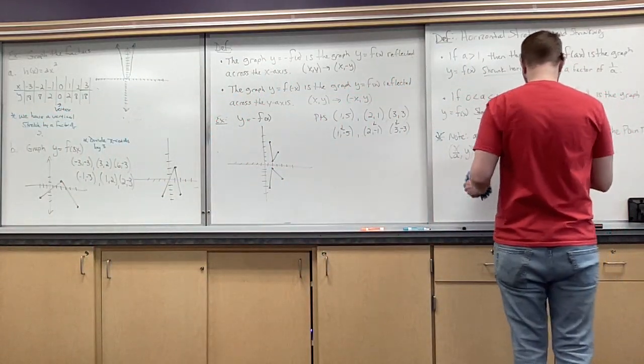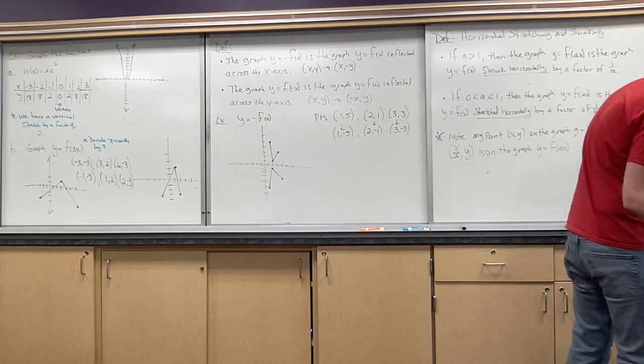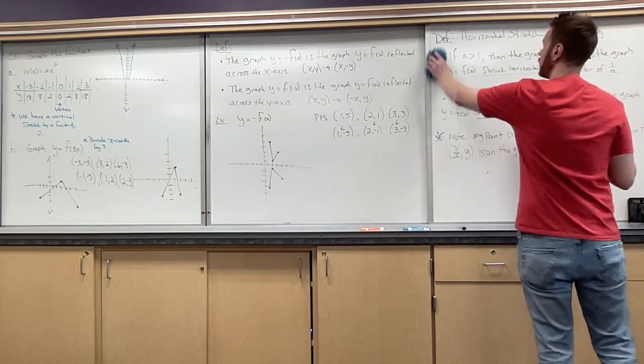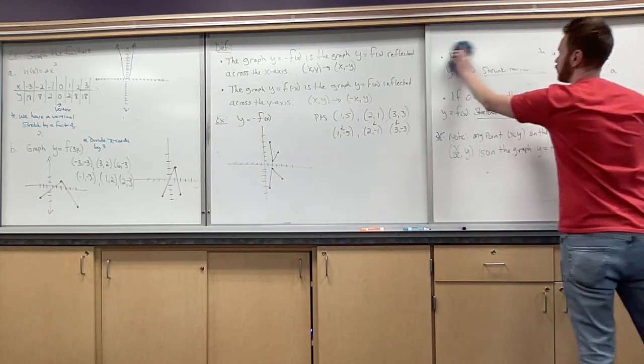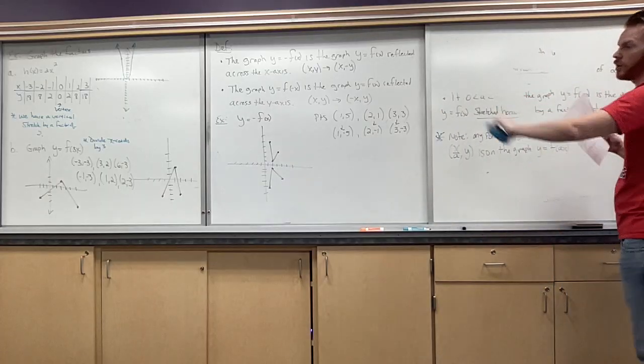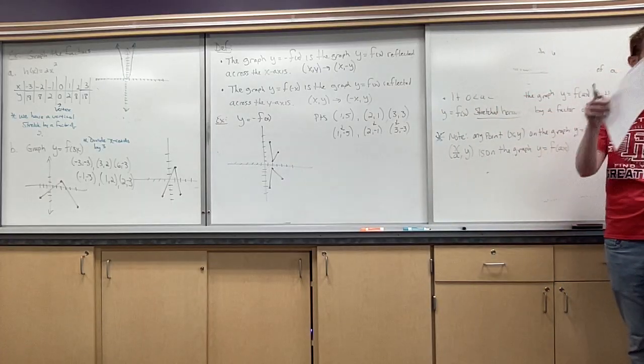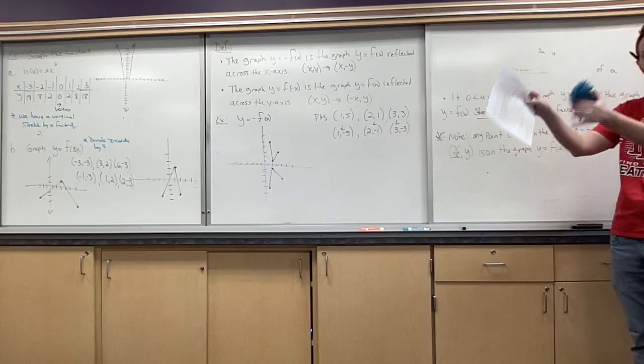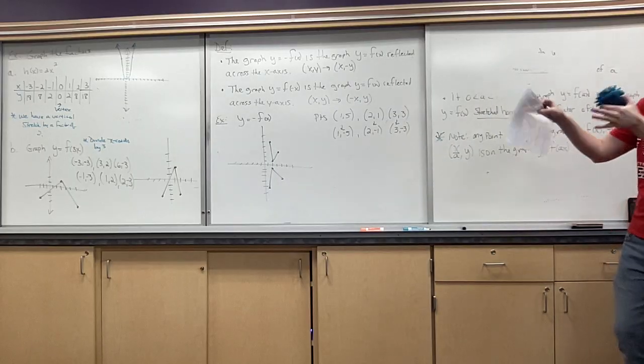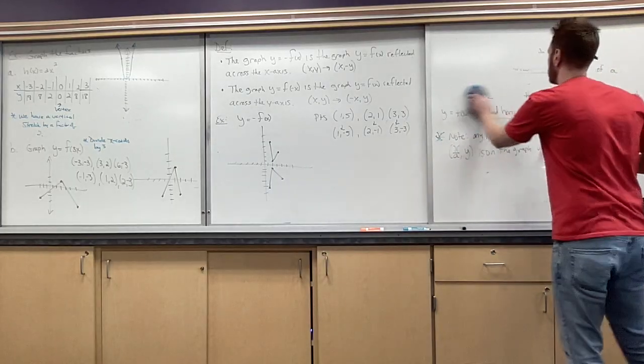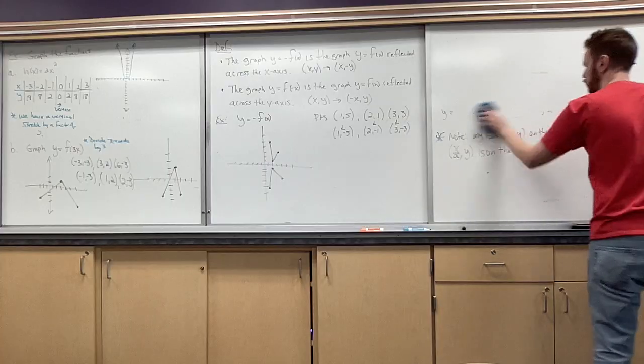Now, we have one last thing to do. And hey, we've got enough time for it. We're going to do one final example where we put all these together. So instead of just doing translations for one example, reflections for another, horizontal, vertical, shrinking, and stretching, we're going to put it all together. There's one big problem.